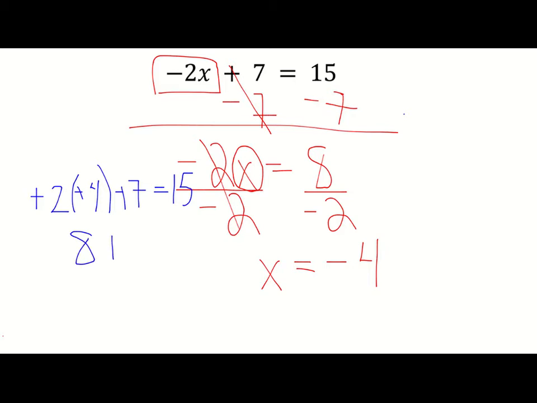Plus the 7 should equal 15. 8 plus 7 is 15, so this works out. Left side is the same as the right side, so I know my answer is correct.